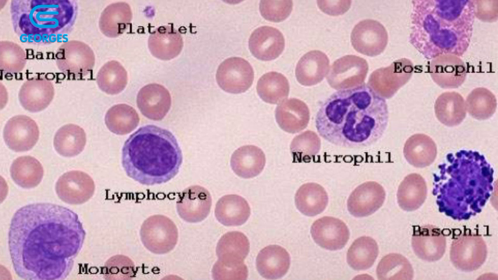In addition to differential counts, evaluation of the smear provides the opportunity to morphologically evaluate all components of the peripheral blood smear, including red blood cells, white blood cells, and platelets. So the manual differential allows for the detection of disorders that may otherwise be lost in an automated system.